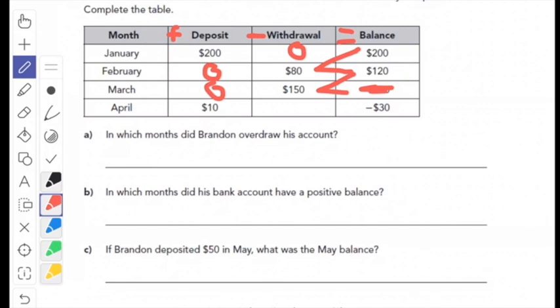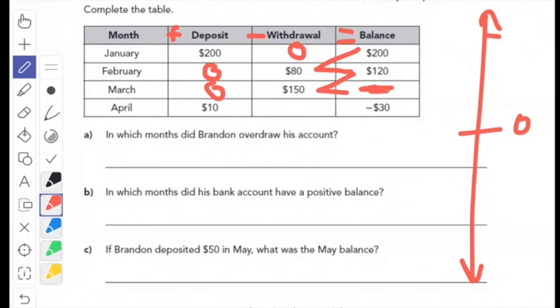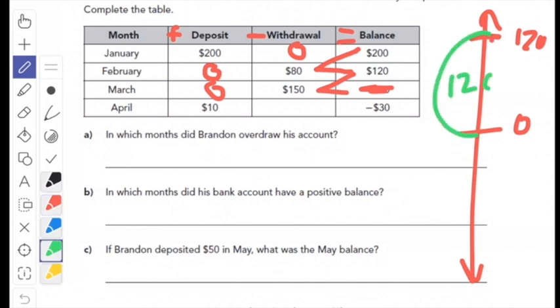Now you could do many ways, and I'm just going to show you a number line. If I'm at 0 here and he's at 120 over here, we have to get to 150, so withdrawal is minus. So when you go down to 0, you took off 120, and to get to 150 you have to take away 30 more. So you're at negative 30.